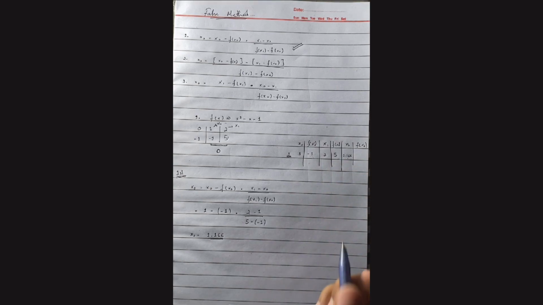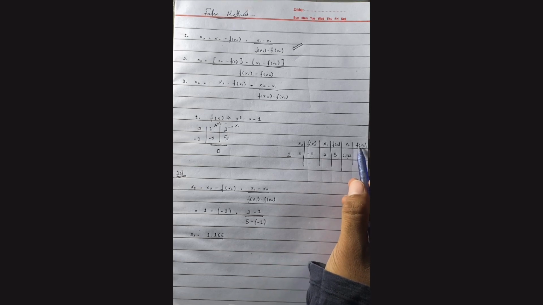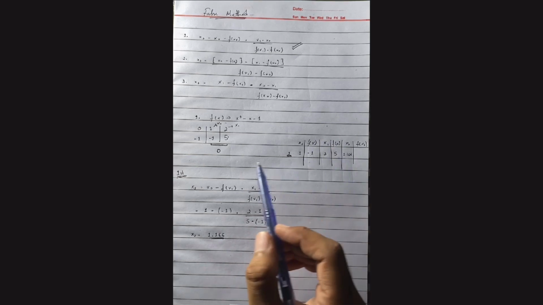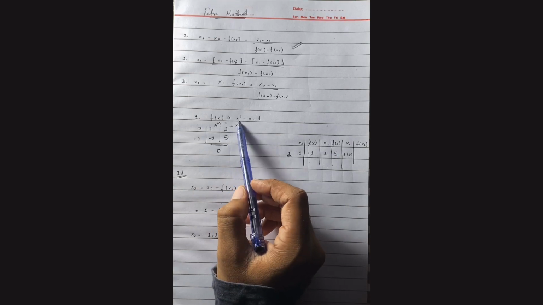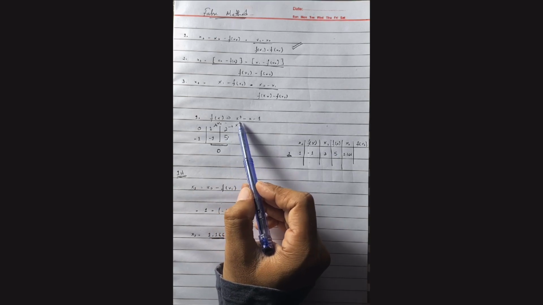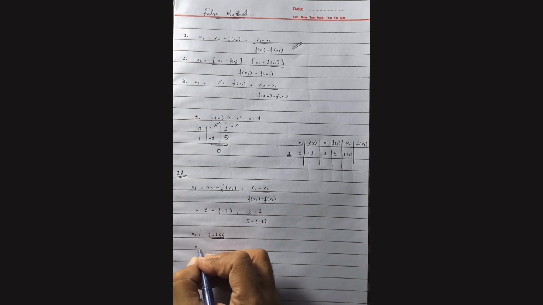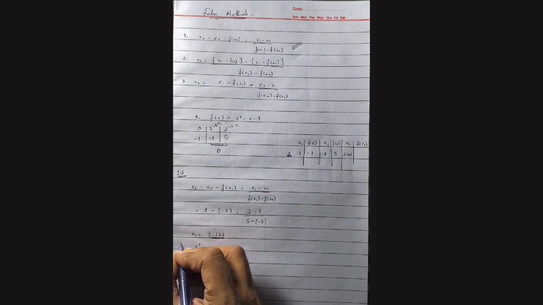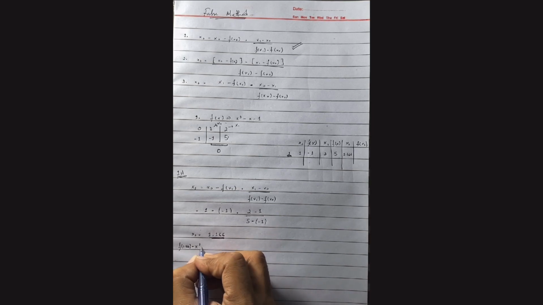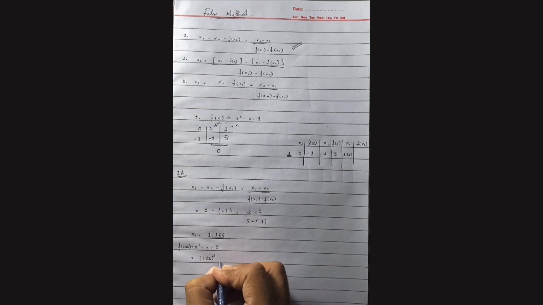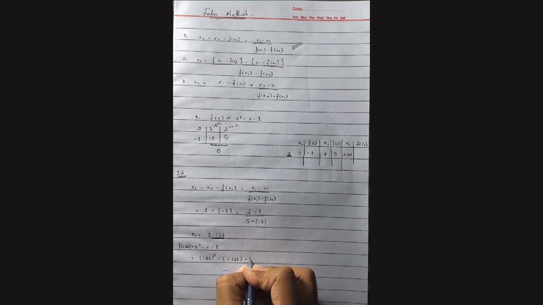To find f of x2, we put this value into the equation x cubed minus x minus 1. So f of 1.166 equals 1.166 cubed minus 1.166 minus 1.